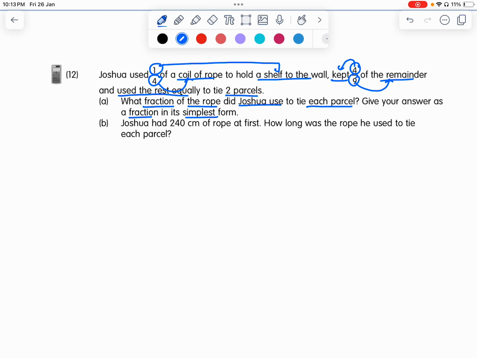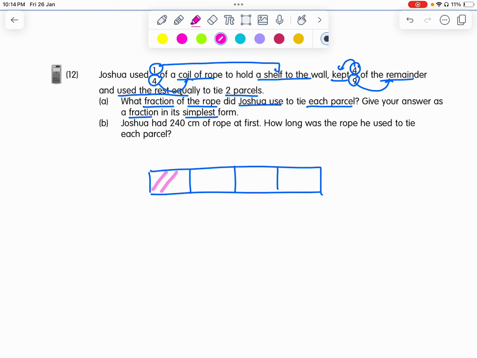First of all, you start off by dividing the 1 whole into 4 units. This 1 unit was used for the shell, so that will make this my remainder. I'm going to drop down my remainder.